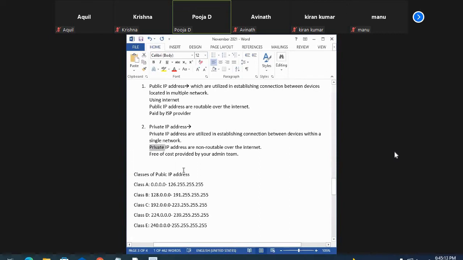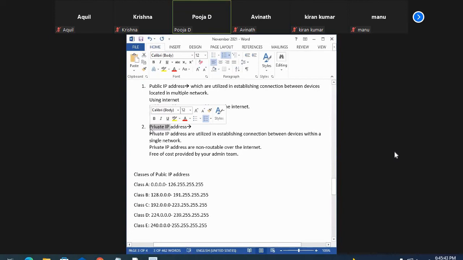Let's take an example of our college computer lab. There multiple devices will be there, and one computer lab admin will be managing all these devices. They will provide private IP addresses to each and every computer which belongs to your computer lab.